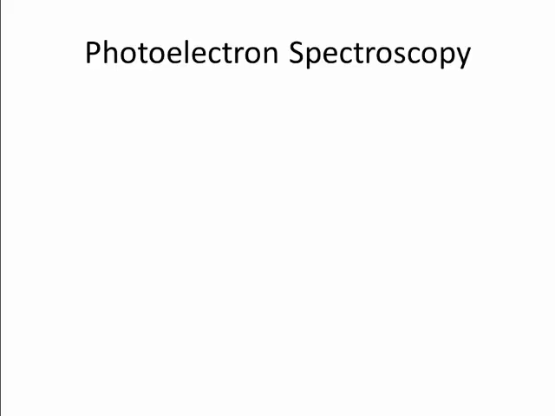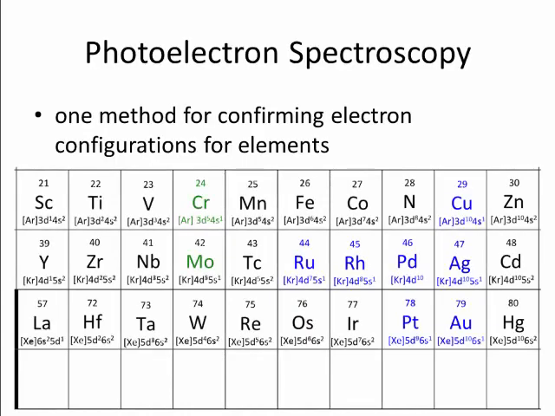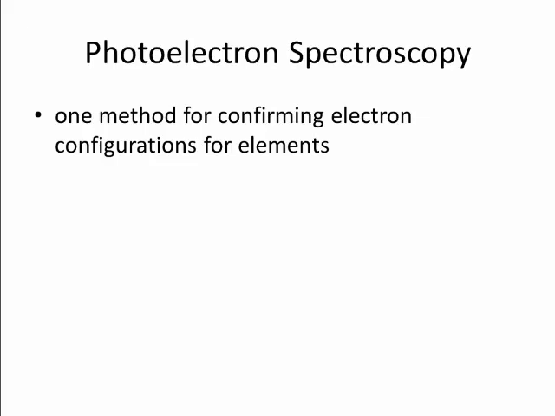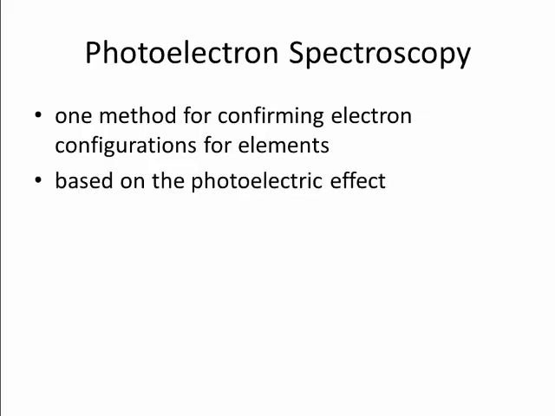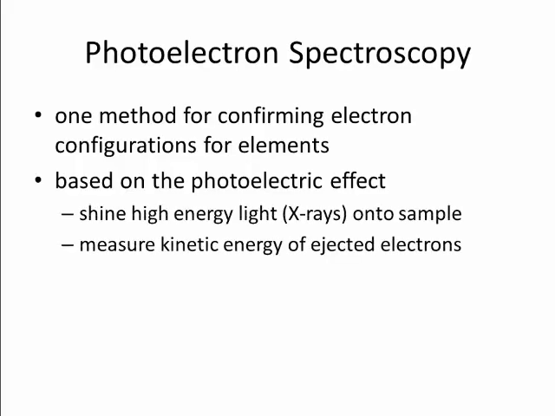Quick summary. Photoelectron spectroscopy is one method for confirming electron configurations for elements. This is especially useful for studying elements with anomalous electron configurations. Photoelectron spectroscopy is based on the photoelectric effect. Shine high-energy light onto a sample and measure the kinetic energy of the ejected electrons.